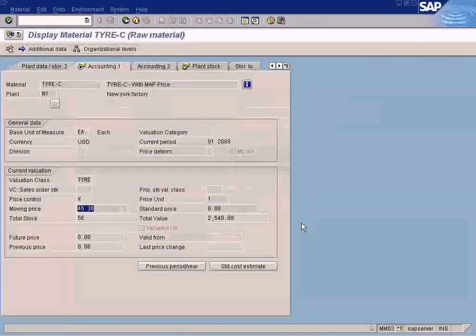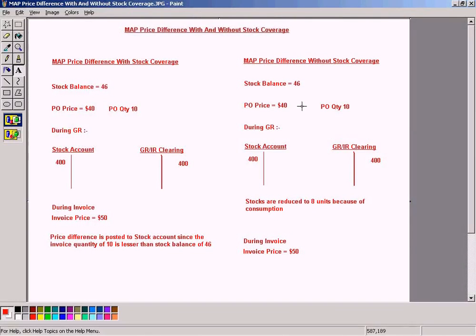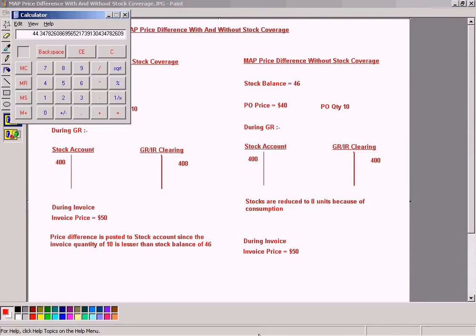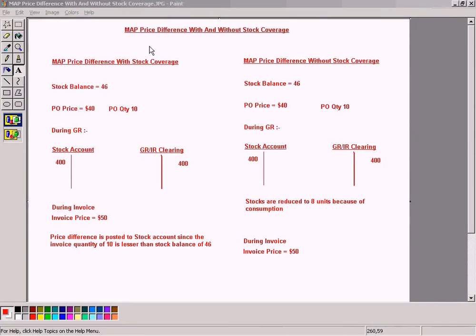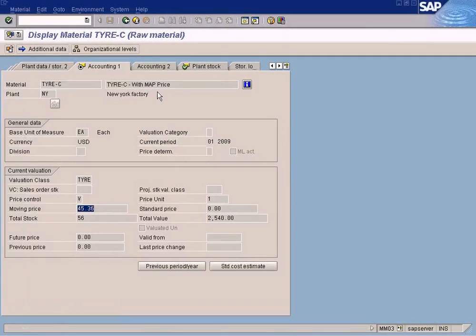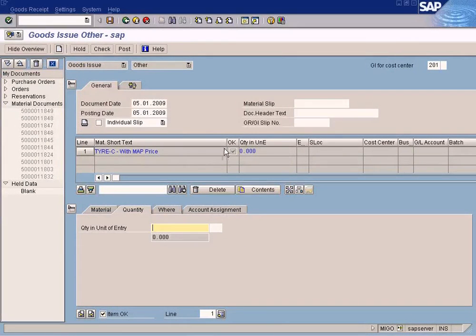I'm going to choose the material which is tire C, and the quantity is, if I want to reduce it from 56 down to 8, I need to use up 48 units, so that will become 8, because my objective is to make the stock balance 8 units, right?